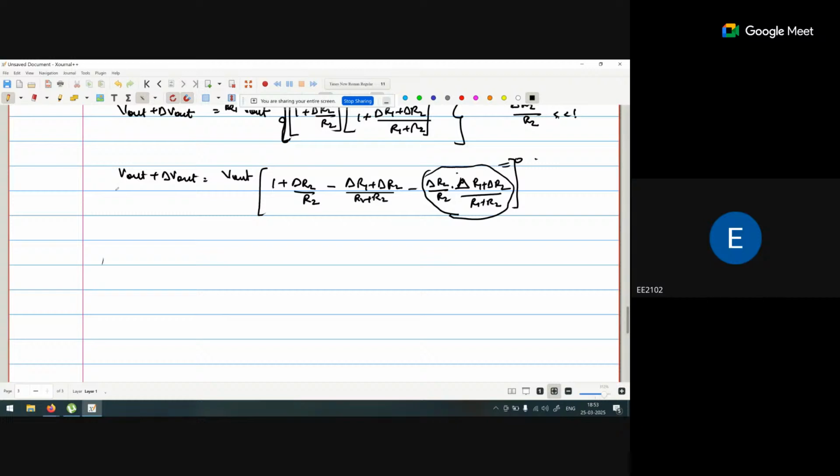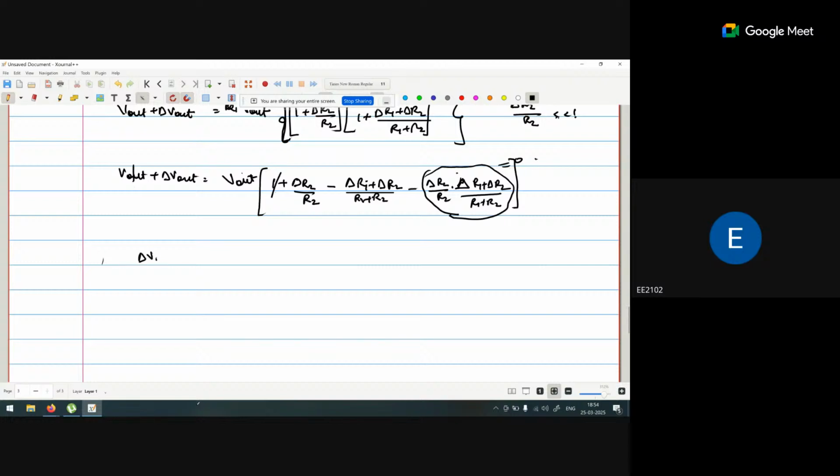Now if I multiply V out with one, and V out with this term, here also V out. So can I cancel out this V out with this V out? Sorry, not with this, but with this one. Because when I multiply V out with one, it is V out. So I neglect this term, and it becomes delta V out.